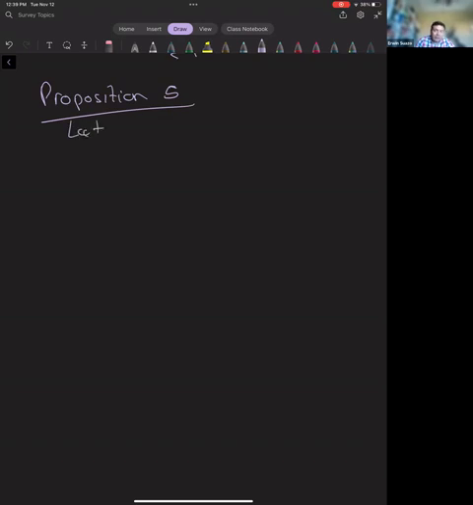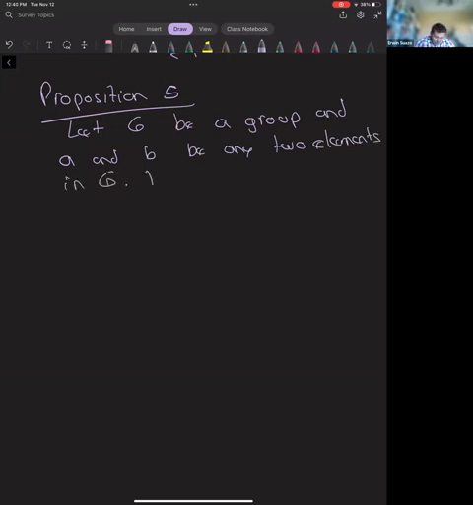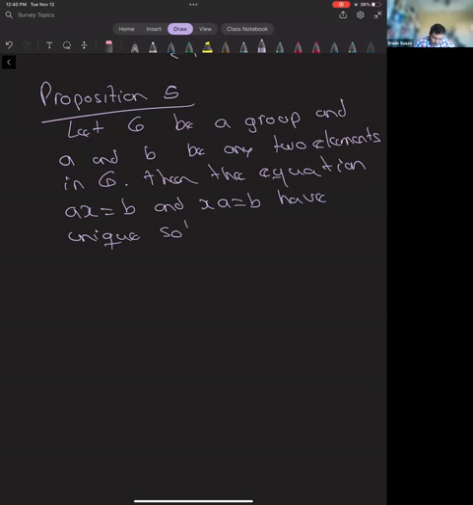Let G be a group and A and B be any two elements in G. Then the equations AX equals B and XA equals B have unique solutions in G.